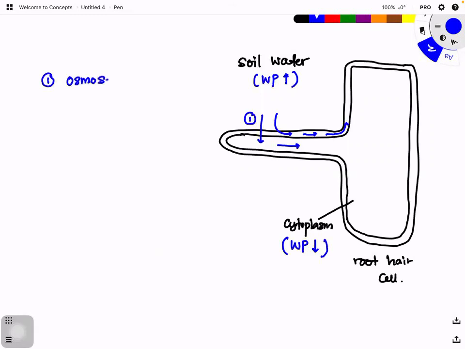So how do we describe it? So we say that water molecules move from where to where?